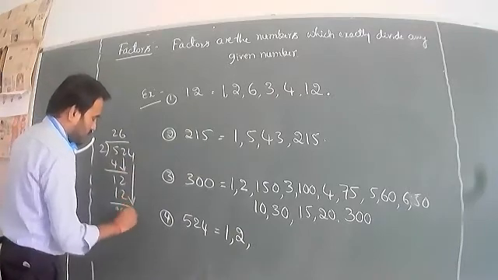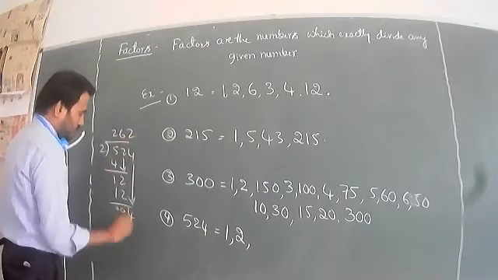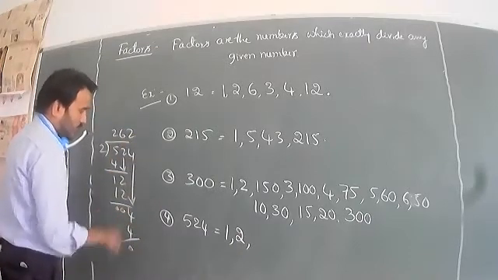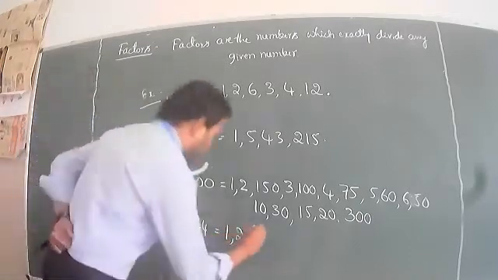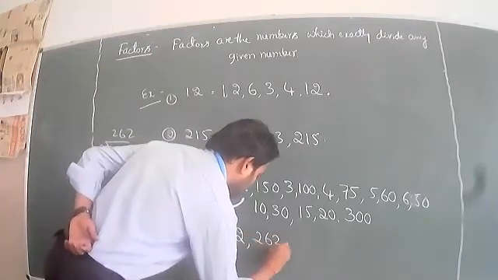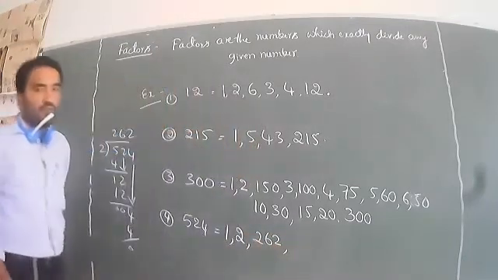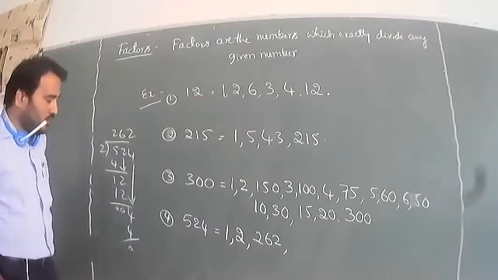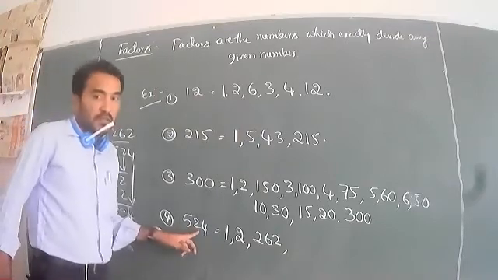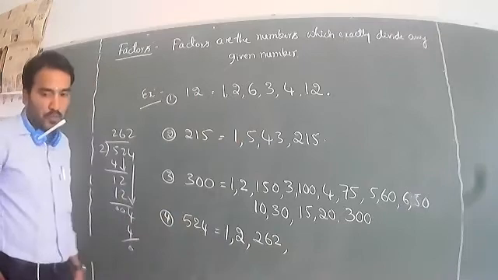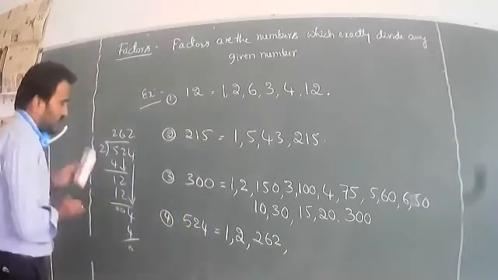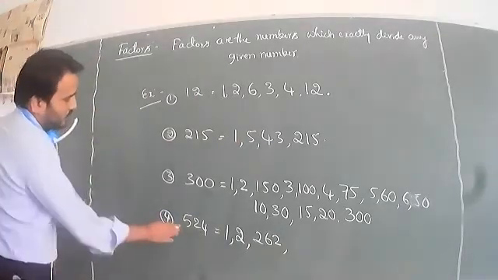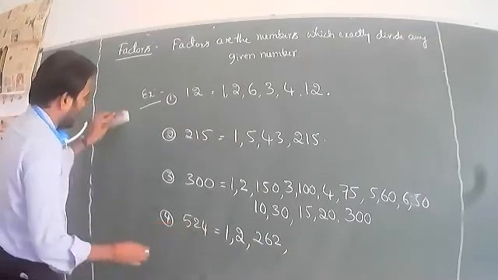Next 4: 4 times 131 is 524. 3 cannot divide, because 5 plus 2 plus 4 is 11, so it cannot be divided by 3.